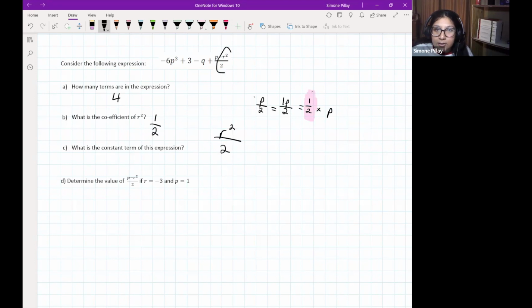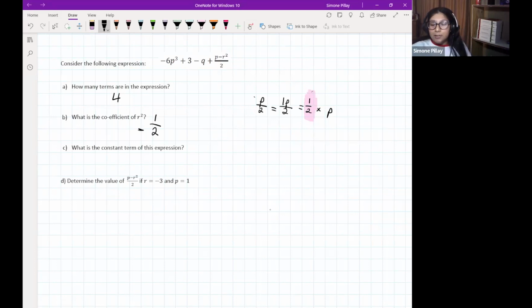If we look at that, it is r squared over 2, and really what's happening here is we have 1 on the top. So this coefficient is 1 over 2. And because we can see we have a negative in the middle over here, my coefficient is actually negative a half.